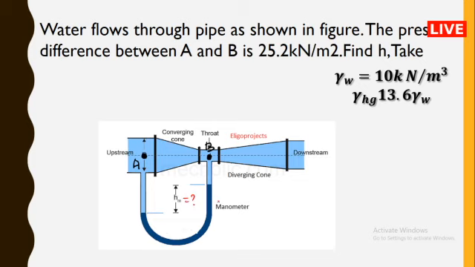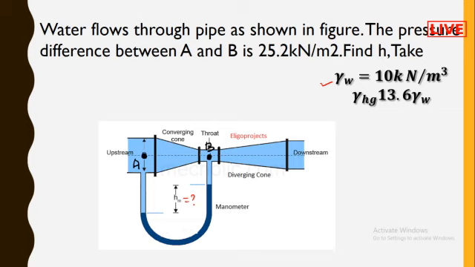The specific weight of the water is given as 10 kilonewton per meter cube, and the specific weight of the mercury is given as 13.6 times the specific weight of the water. First of all, the deflection in the manometer is due to the difference in pressure at the 2 points. The difference in pressure at the 2 points is given as 25.2 kilonewton per meter square, or kilopascal.